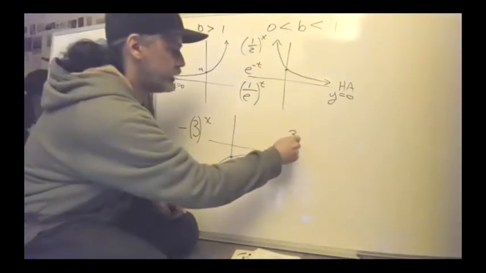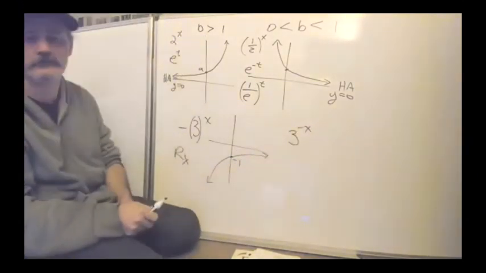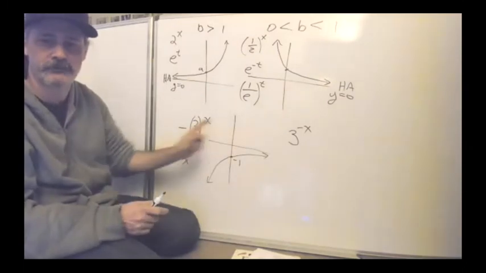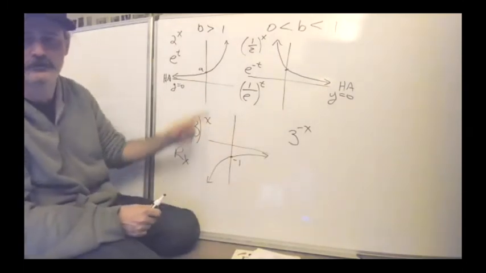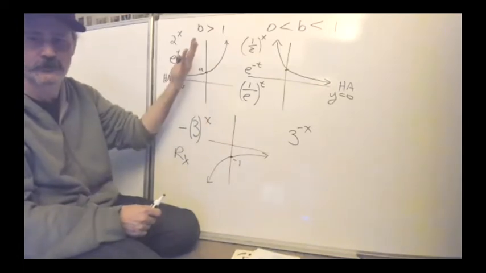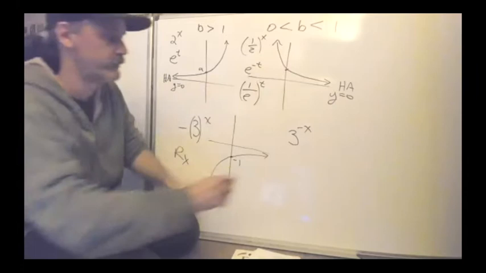All right, now what if you had this? Okay, well, that changes the sign of the x, so that's going to flip it across the y-axis. So normally it would have looked like that, or now it's going to flip across the y-axis, it's going to look like that.